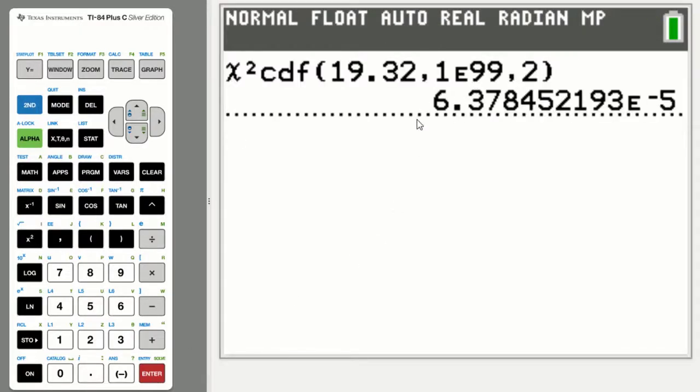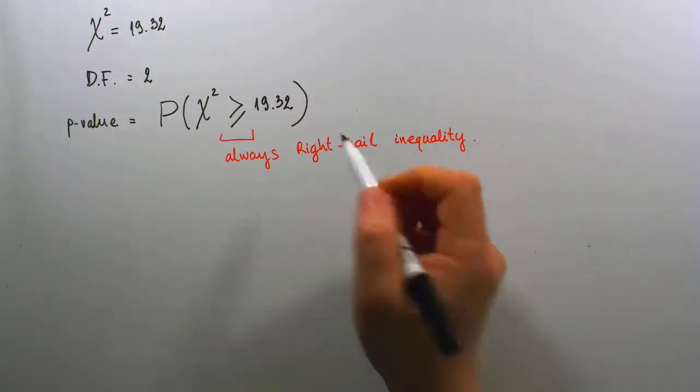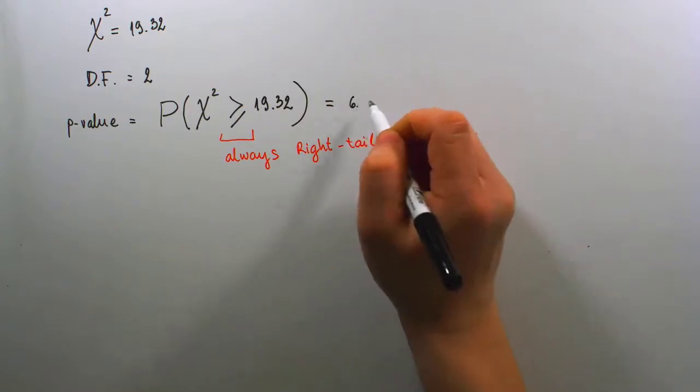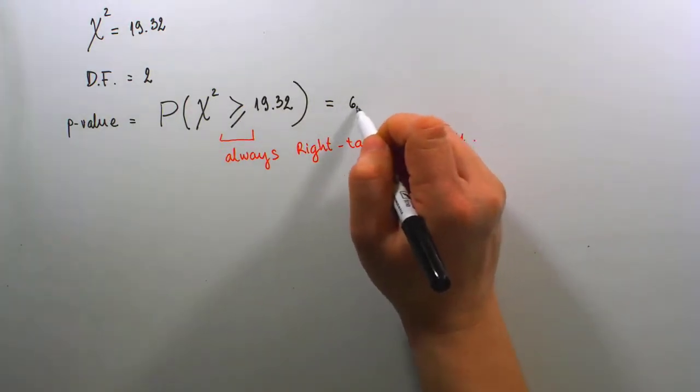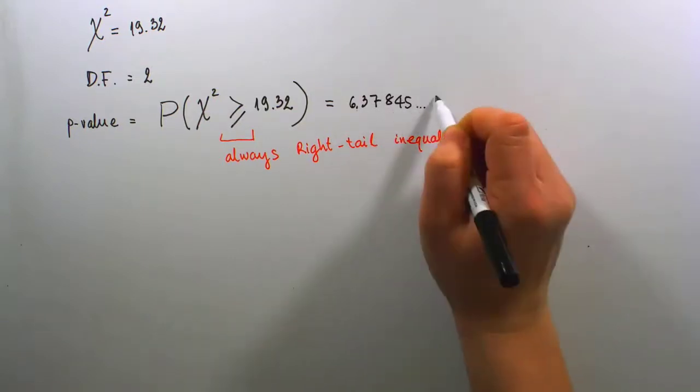So this is what it reads right here, 6.3784 and a lot longer with an e minus 5. So that means this p-value that we have calculated equals 6.37845 and a lot longer with an e minus 5.